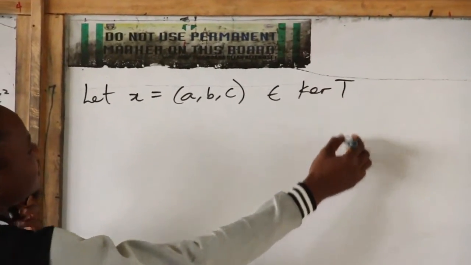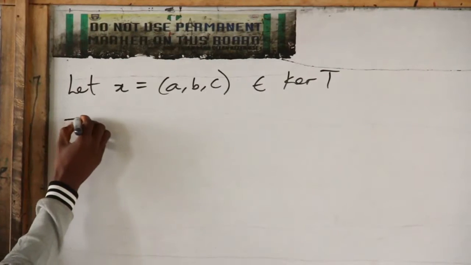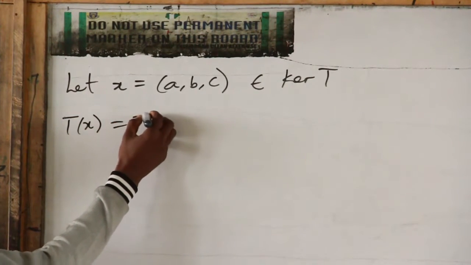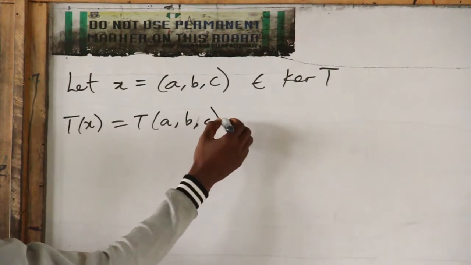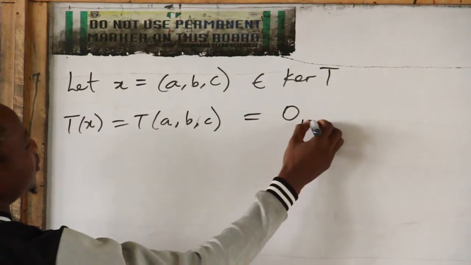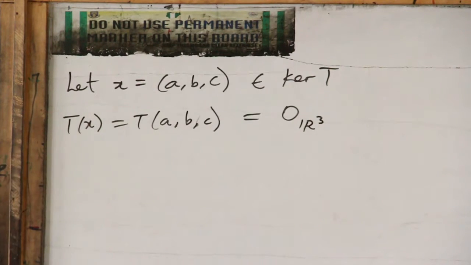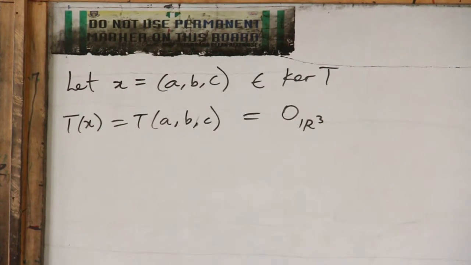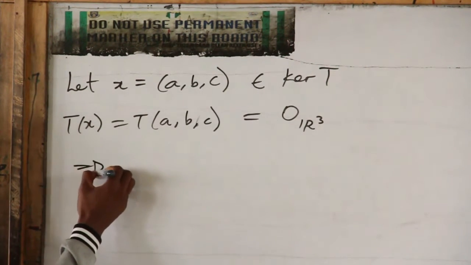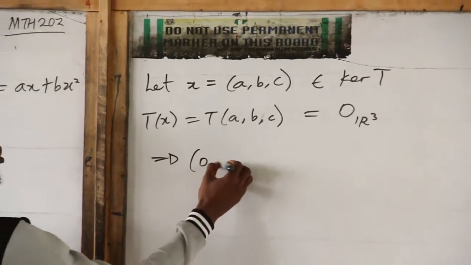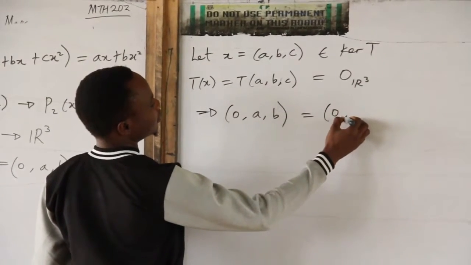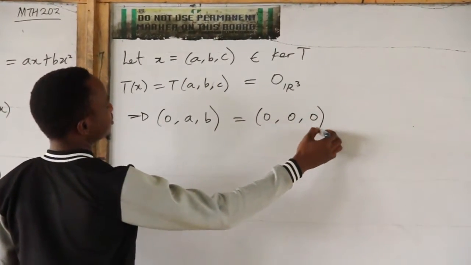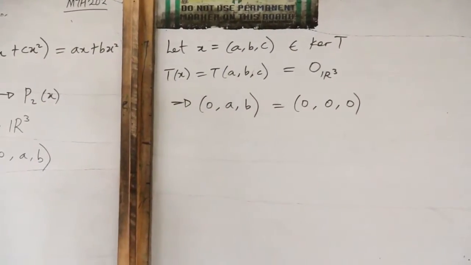An element of the kernel of T, if that's the case, T of x, which is T of A, B, C, is equal to the zero element in R3. So what is T of A, B, C? 0, A, B, equal to 0, 0, 0.